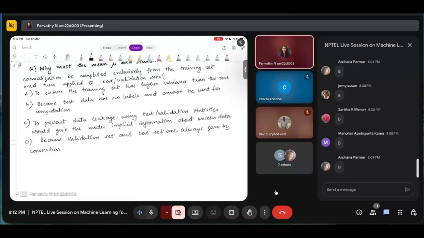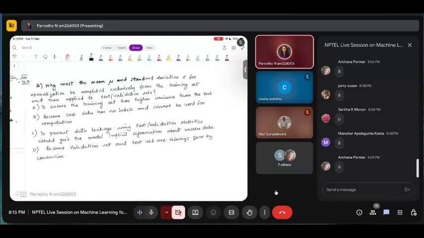So why must the mean and standard deviation for normalization be computed exclusively from the training set?